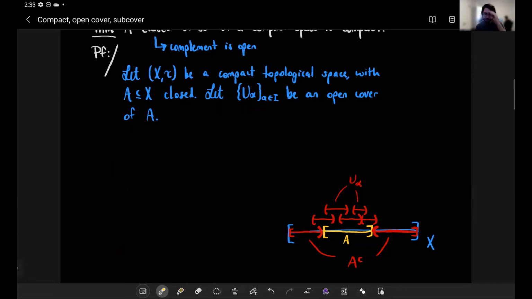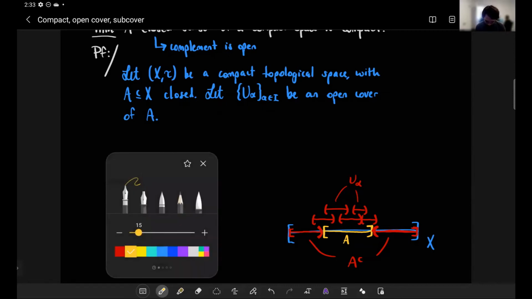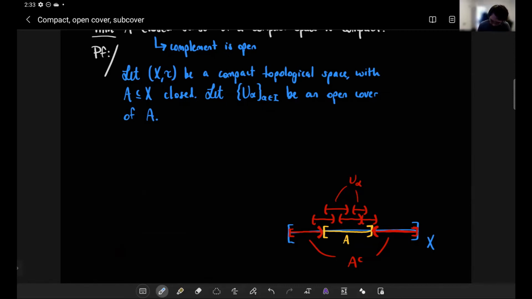So what happens if I just add that to my collection? I started with my red sets U sub alpha, where again, I drew only 5 of them, but there could have been infinitely many. And now I'm tacking on A complement, which is an open set. And I can say that that is an open cover. And hopefully you see it by now, that's an open cover of X.